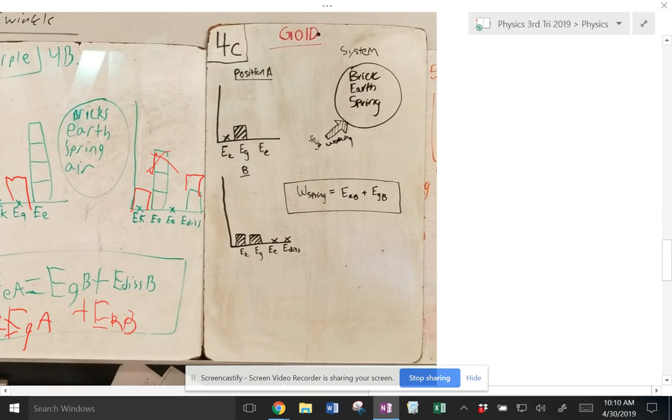4C, gold. Now it's really compounded. So our problem is the same as 4A and 4B, except it says take away the spring. So we're going to have to add gravity right here.